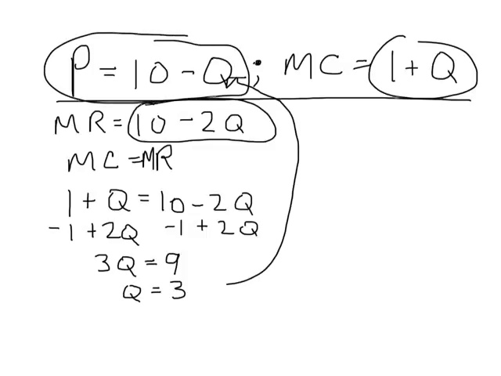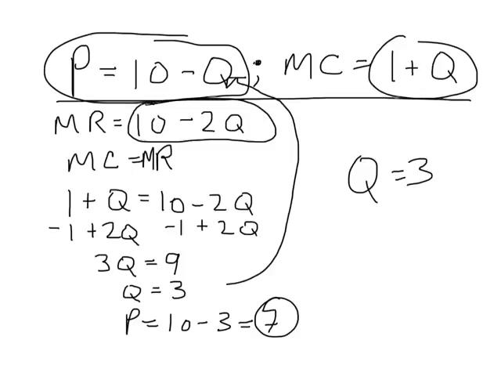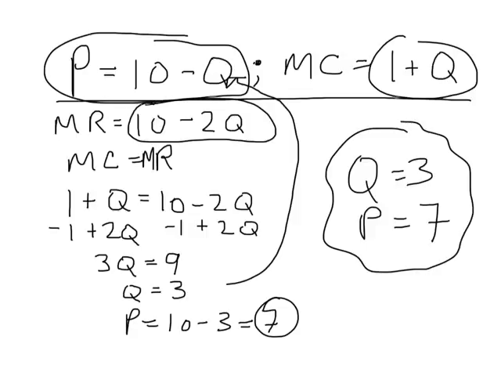So P equals 10 minus Q. 10 minus 3 is 7. That's supposed to be an equal sign. All right, so quantity is 3, price is 7, and that's done.